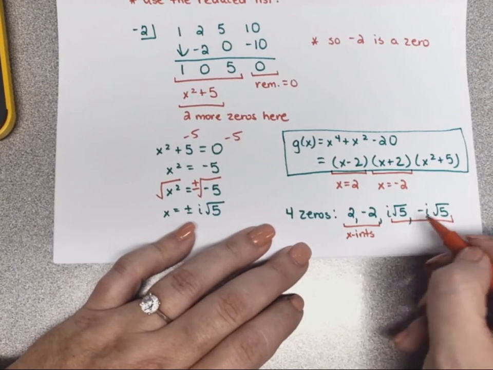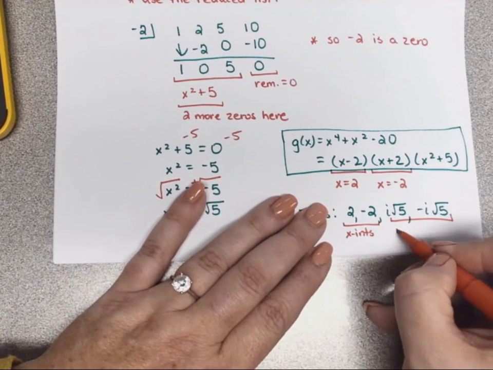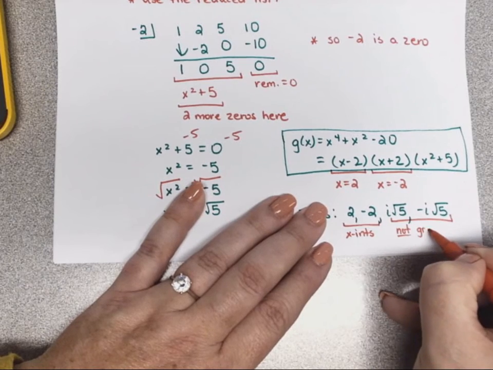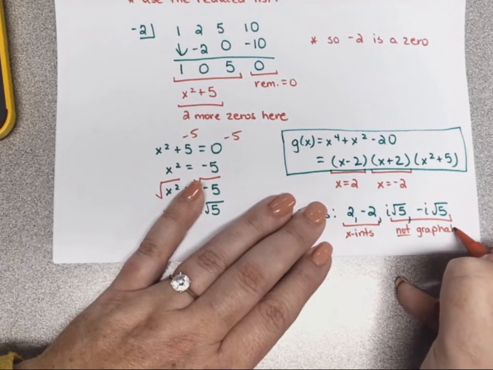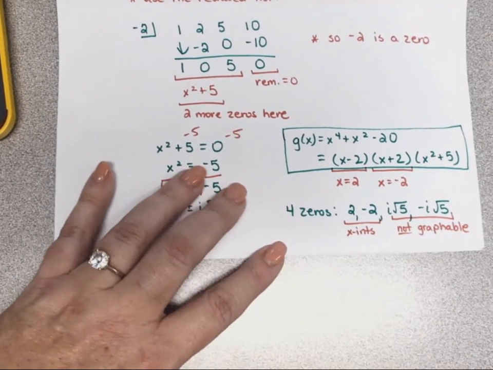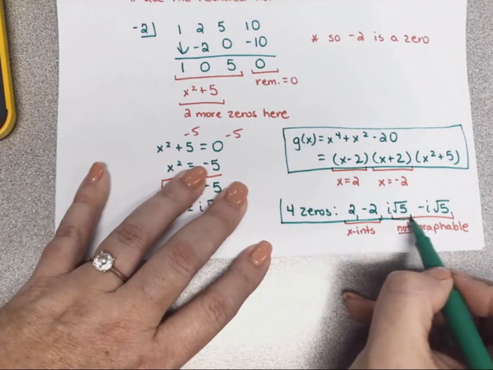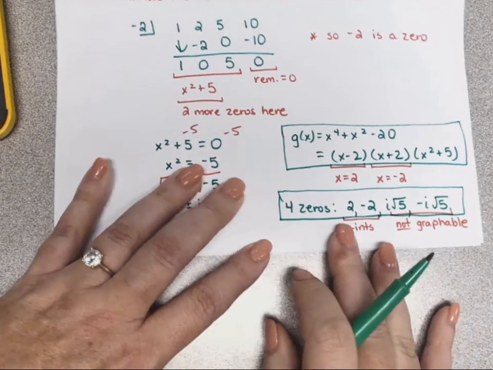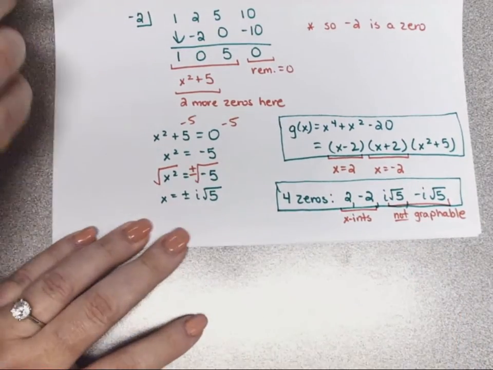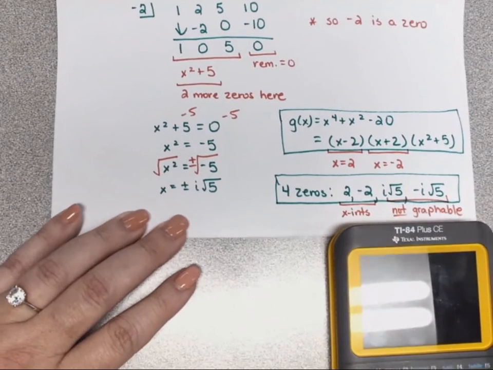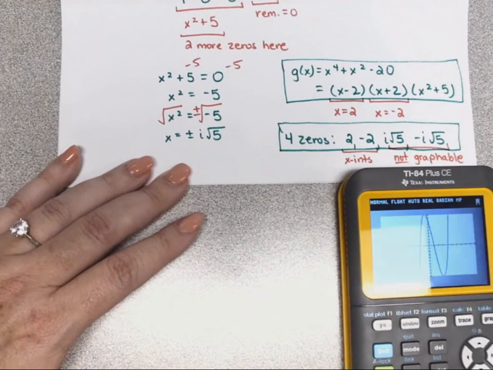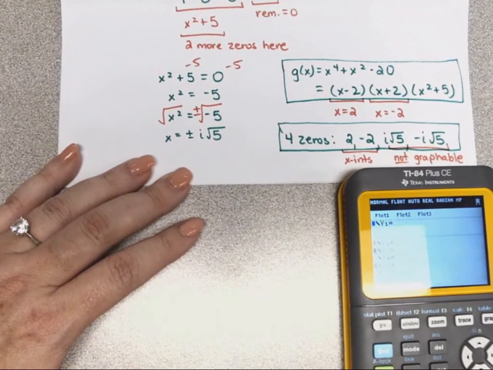These are not, right? And why aren't they going to show up? They're imaginary, right? These are not graphable. So if I try to check my answer on my graphing calculator, I am understandably not going to find those two imaginary ones, okay?